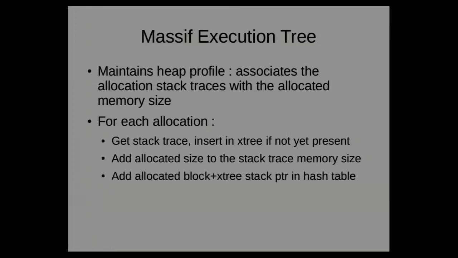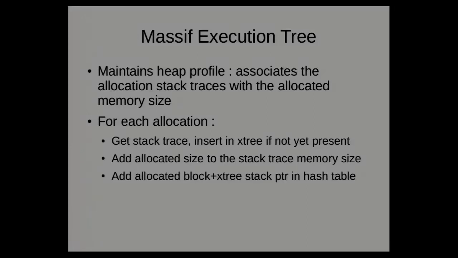And because it has to be able to retrieve this stack trace when we do a free operation, it adds the allocated block and the pointer to the stack trace stored in the XTree in a hash table.